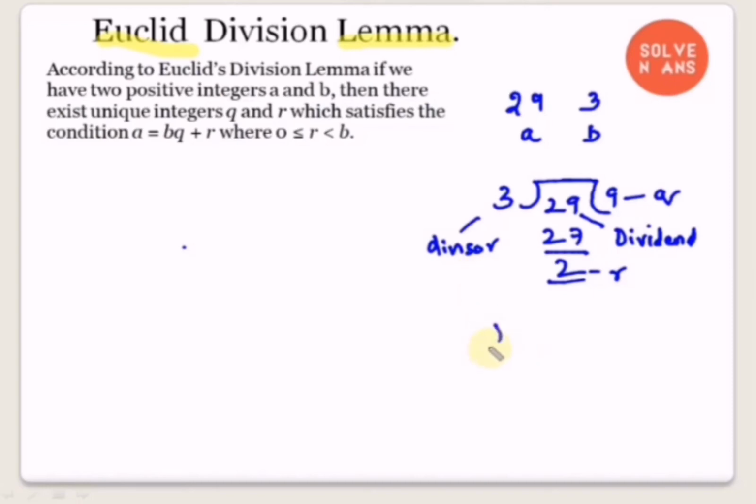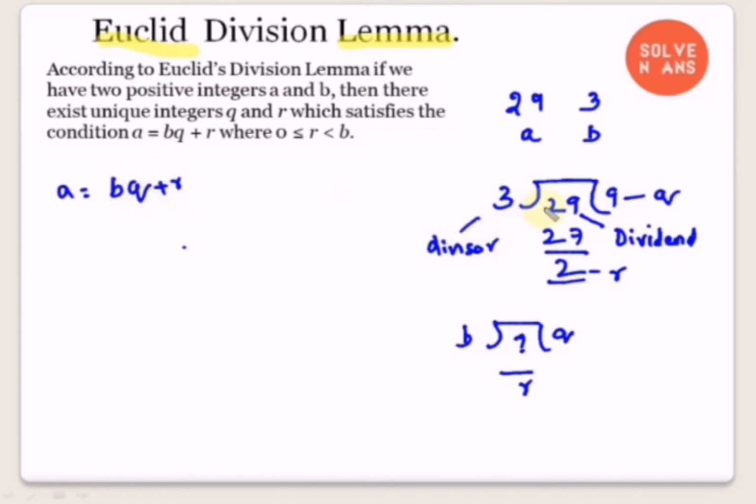Suppose you don't know the dividend, and you have been given the divisor, you know the quotient and you know the remainder. How will you find out? You can use this method to find out the dividend: a is equal to bq plus r.